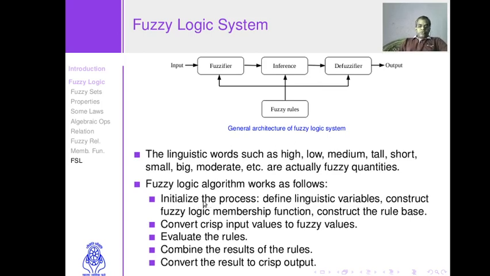First of all, we need to initialize the process. That is, we have to define the linguistic variables like high, low, medium. Those kinds of variables are defined. Then in order to convert crisp input to these linguistic variables, we need some membership function.